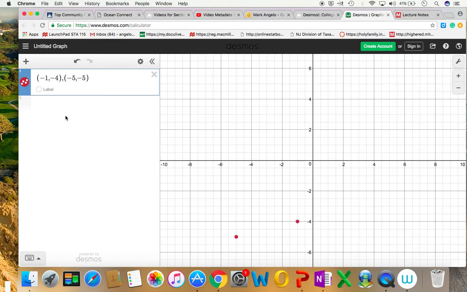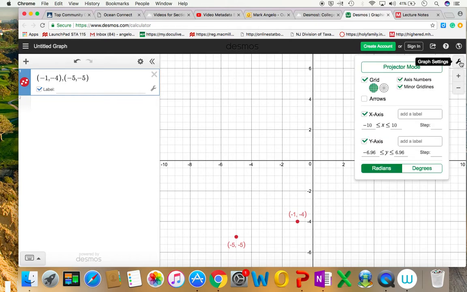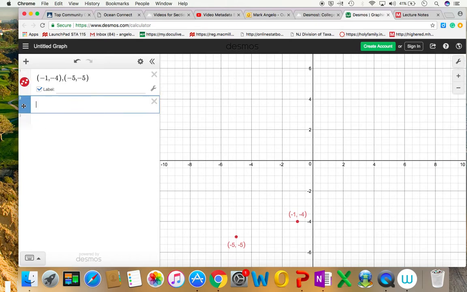Okay. And I can label this also in my graph. Now, if I were to connect this line, I can see that it's going to be positive. There actually is a way to put that line in. I'm going to hold off for now on doing that. I want to get to the next 2 points.